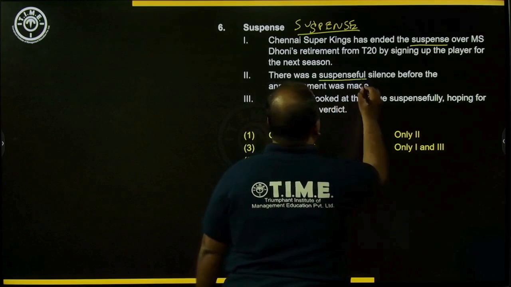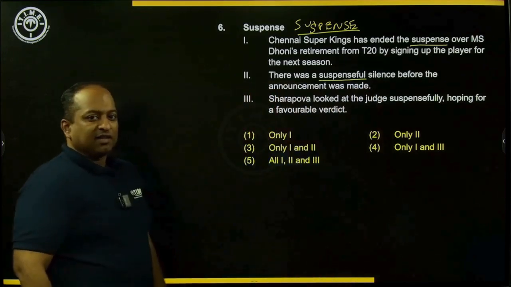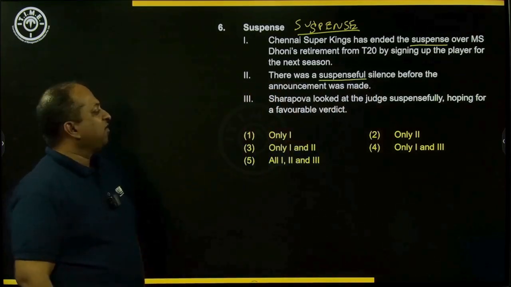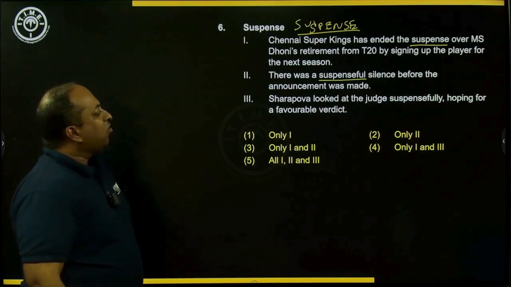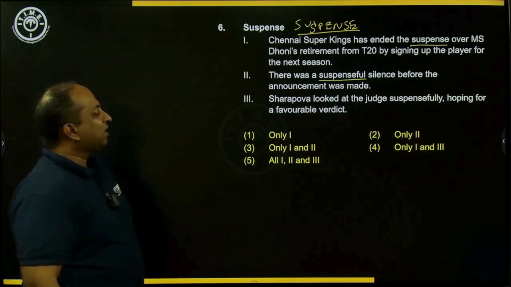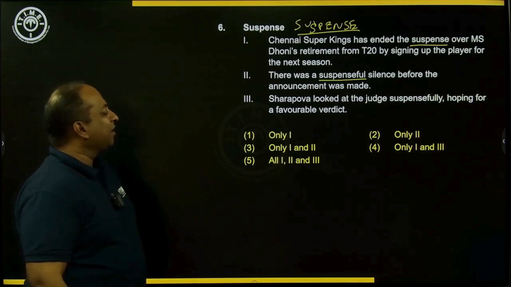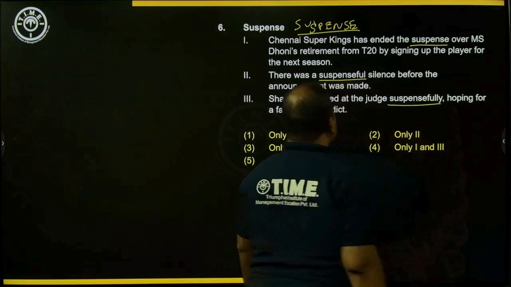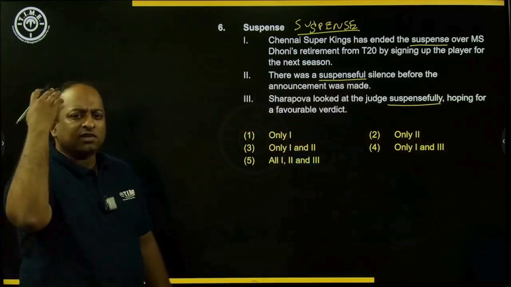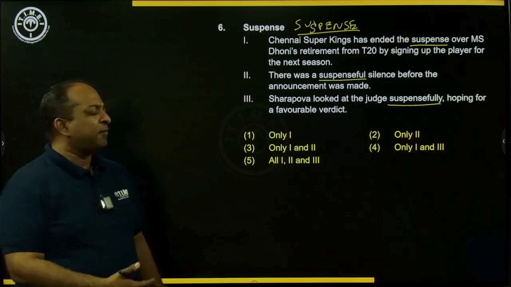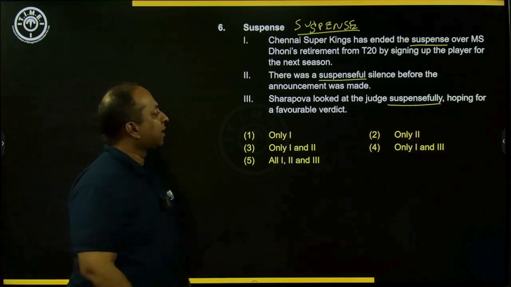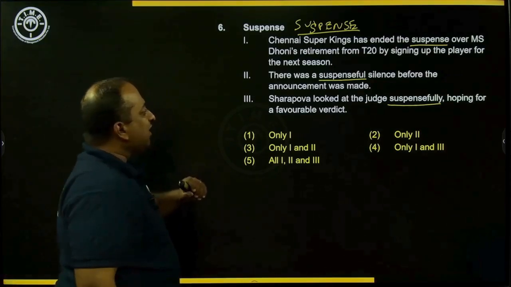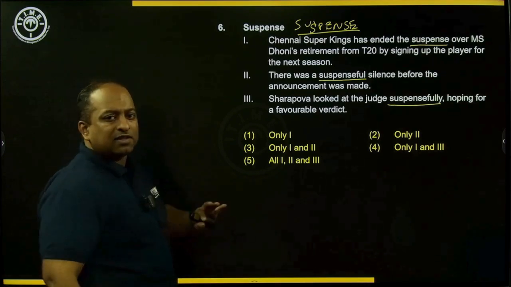So suspense is used in a different way. Sharapova looked at the judge suspensefully, hoping for a favorable verdict. Maria Sharapova was a very great female tennis player at one point in time. So these are the three ways in which the word suspense is used.